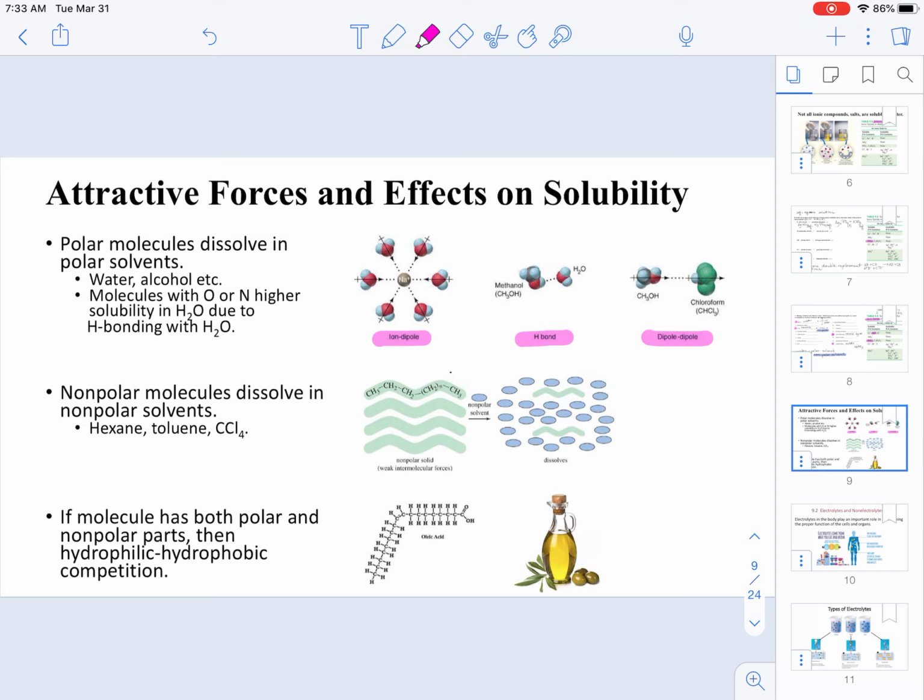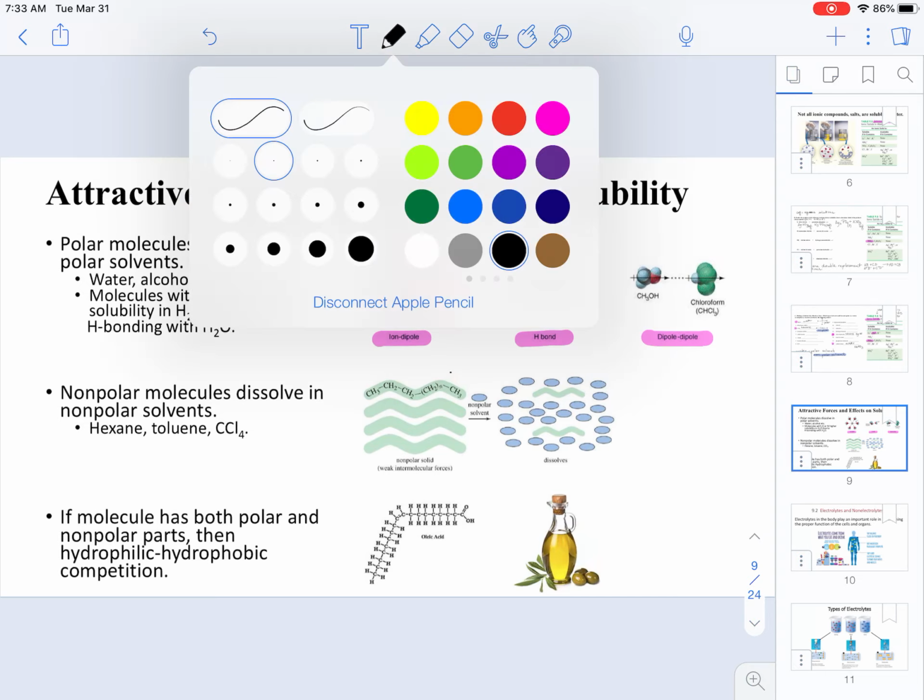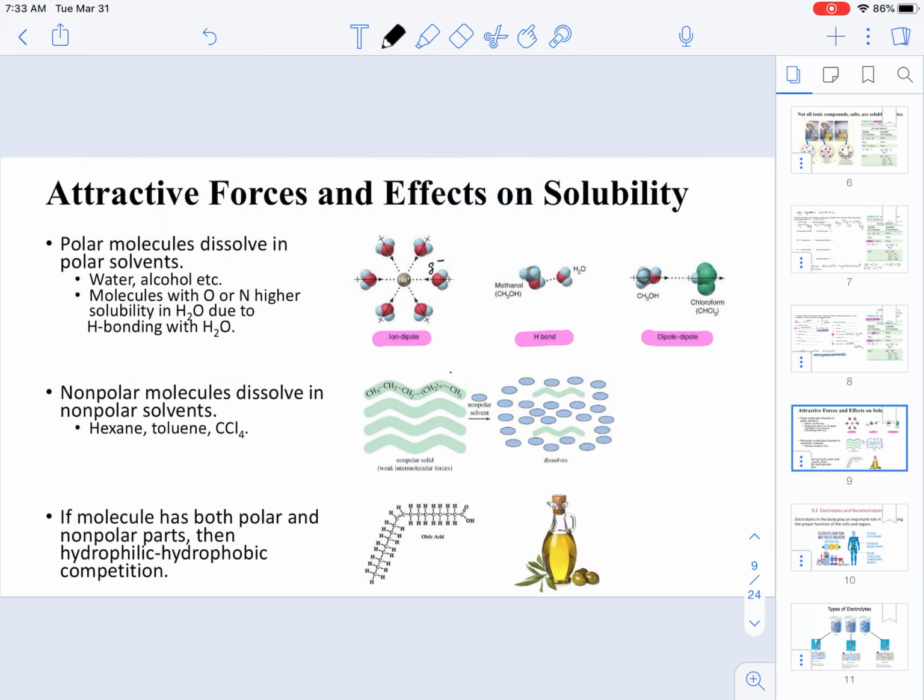Remember that in the ion dipole, as I mentioned previously, like we have in this example, a cation is going to be interacting with the delta negative, okay? So these molecules that you guys see here, this is water. And I'm just going to illustrate it here. So these are water molecules in which these are going to be the hydrogens.